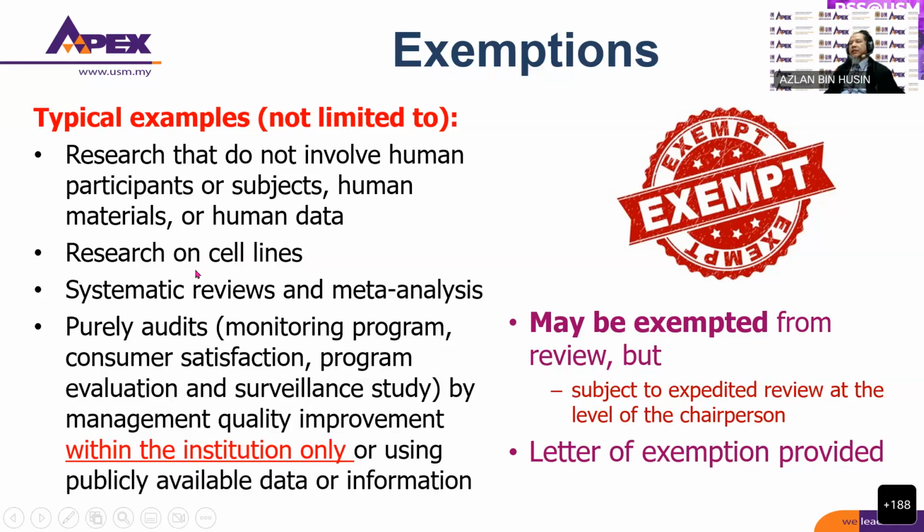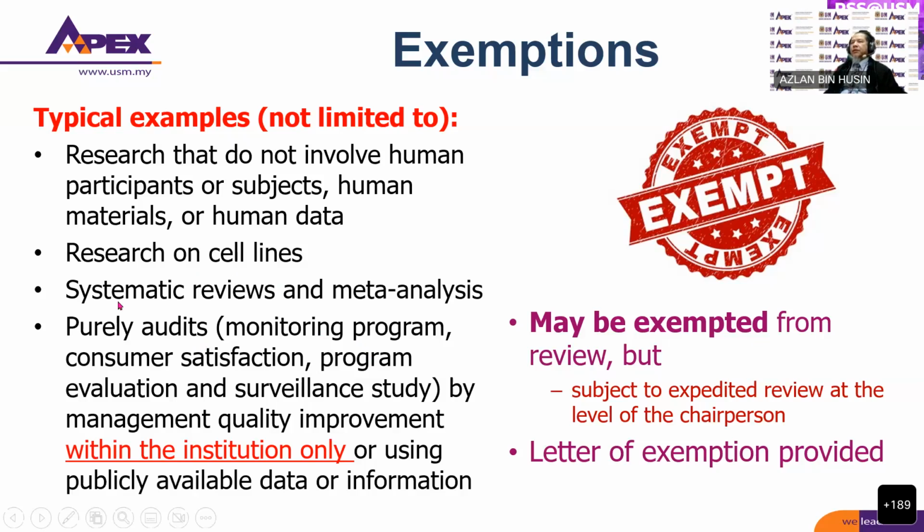This is also common among researchers from laboratories. They do a lot of research on cell lines, so they do not require a review by JEPeM or any ethical review board for human research.